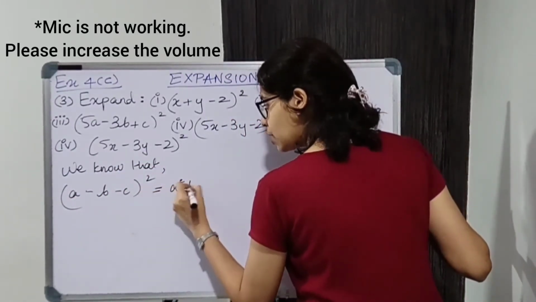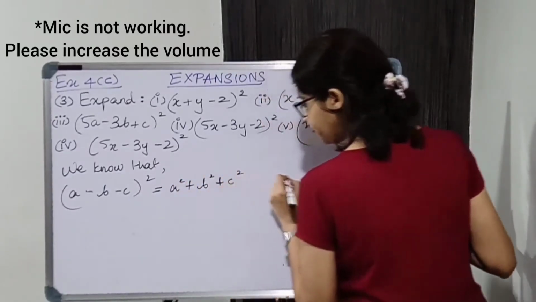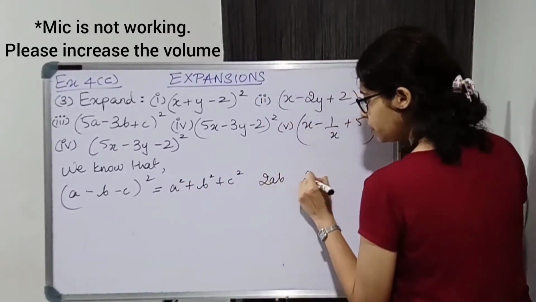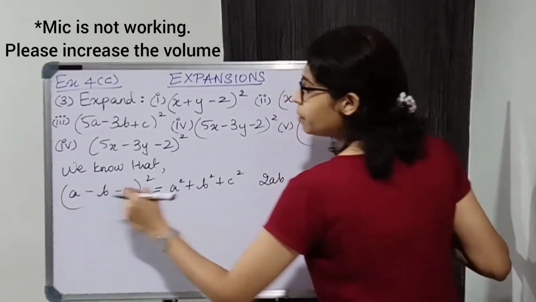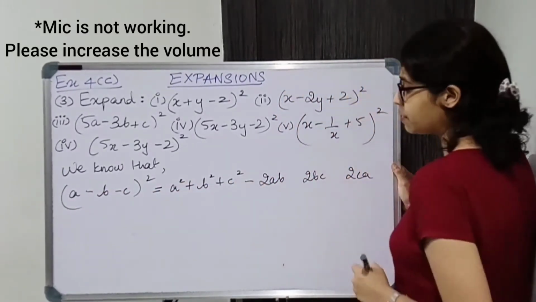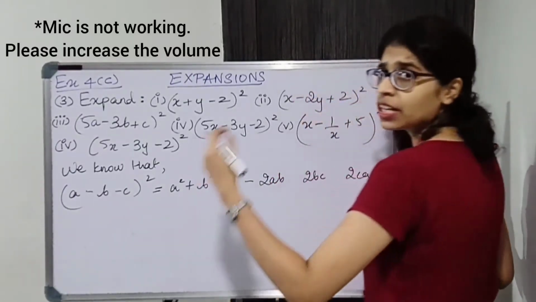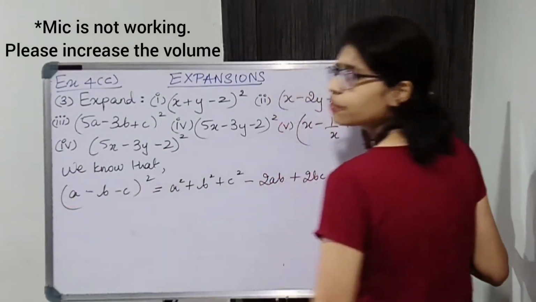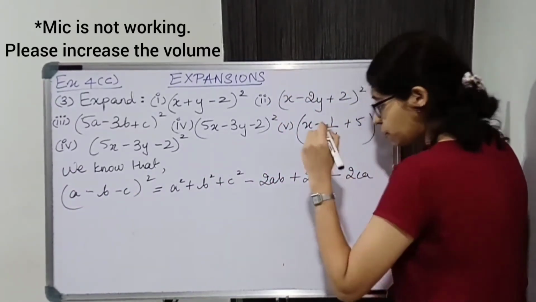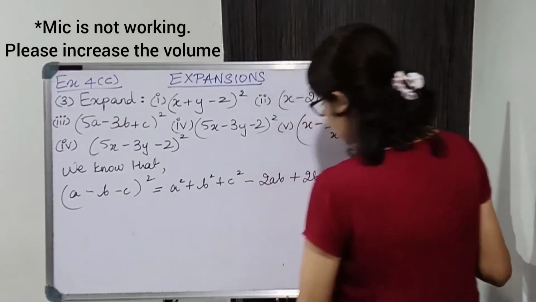So A square plus B square plus C square. Then 2AB, 2BC, 2CA. Now put the signs. A is positive, B is negative, positive into negative, negative. B and C both are negative, negative into negative, positive. C and A, C is negative and A is positive, negative into positive is negative. So this is the identity.